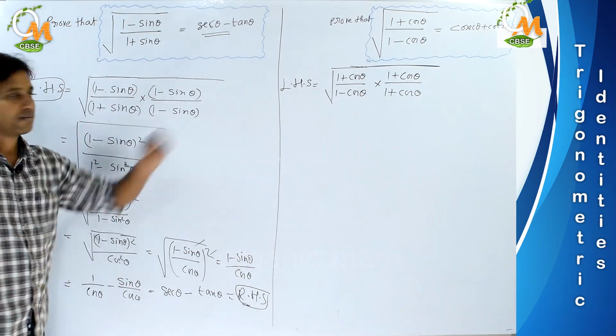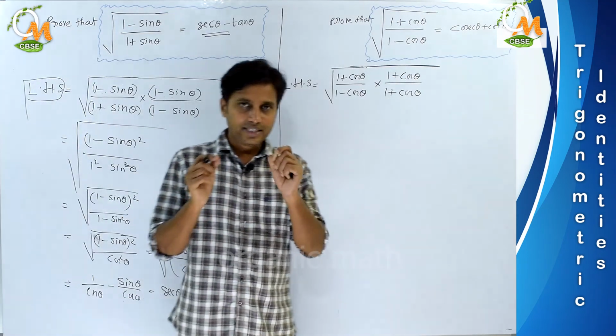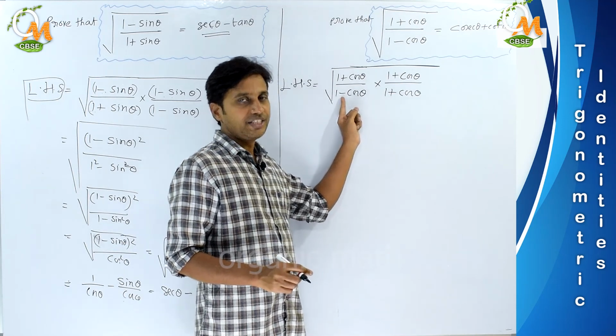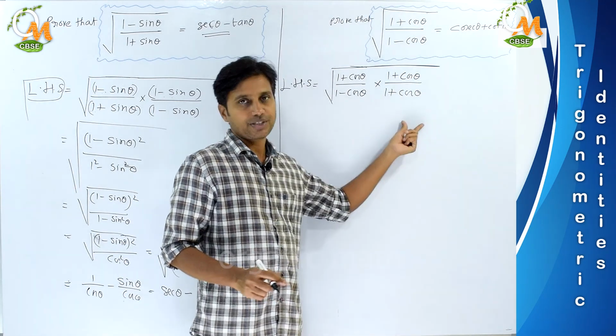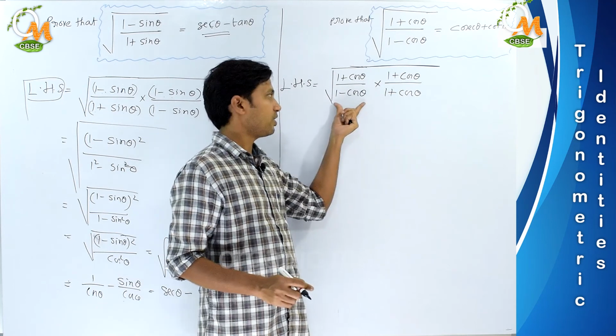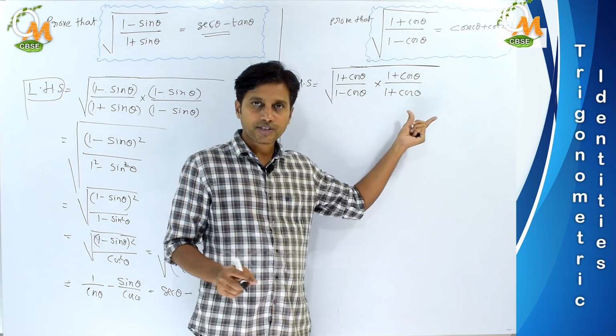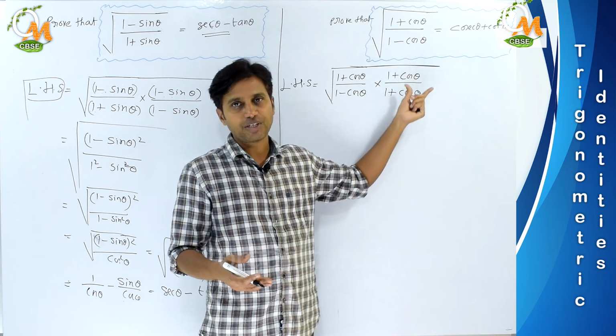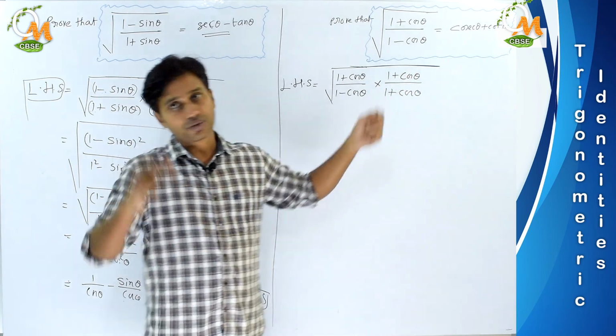If plus is there, change it to minus and multiply and divide with the expression. Here 1 minus cos theta is there, so take 1 plus cos theta and multiply and divide the given expression inside the square root.